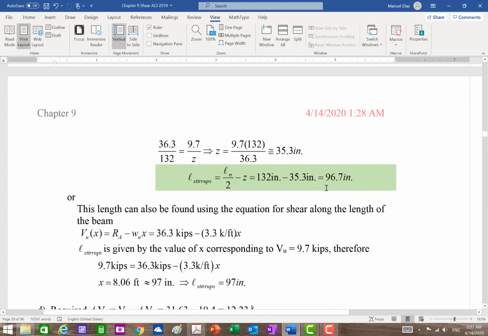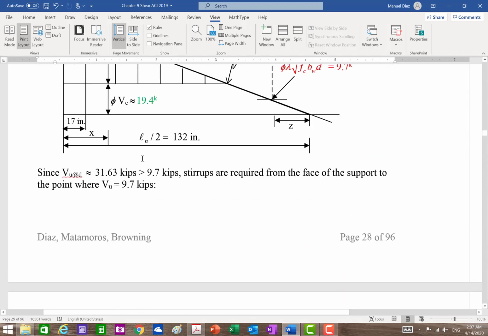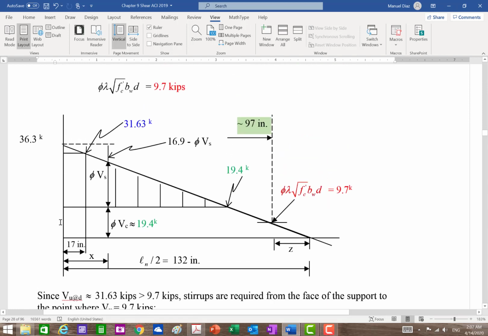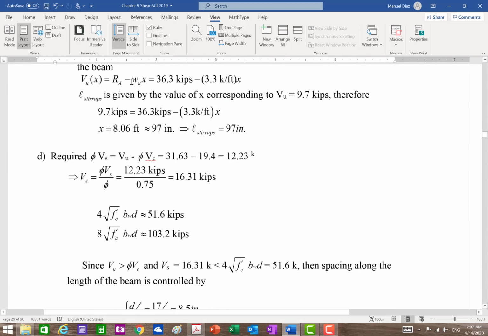So that's using proportion. The other way to do it is by using your shear equations from mechanics of solids, right? Or using your beam formulas. So what is my shear equation? What is my shear at the distance x? Right? It will be here my reaction minus my load times x. And what do I want? I want to know the value of x when the shear is 9.7. Okay?